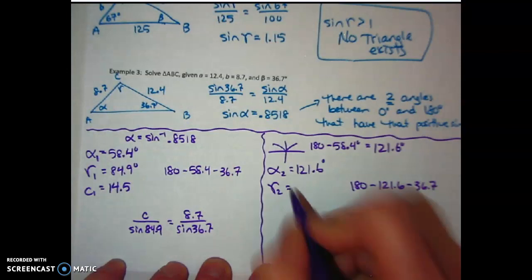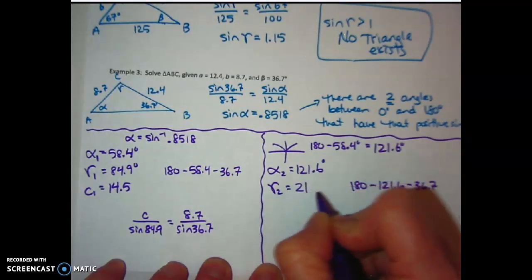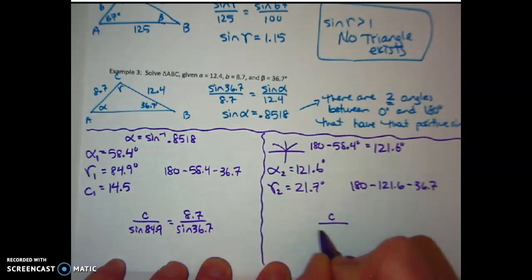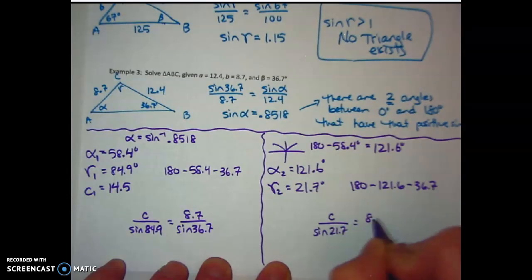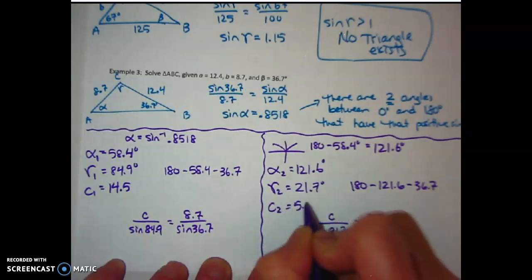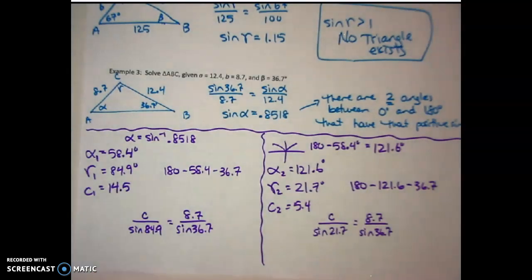So we get that our gamma 2 is going to be 21.7 degrees. And when we use our law of sines here, c over the sine of 21.7 equals 8.7 over the sine of 36.7, we find that our C2 should be 5.4 units long.